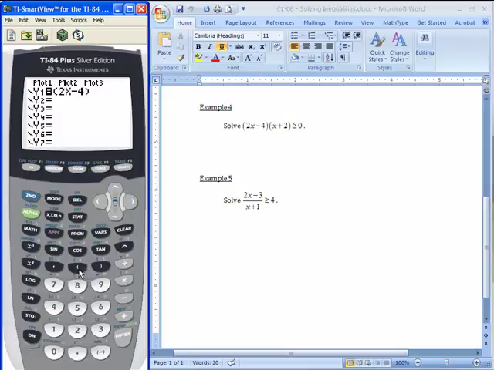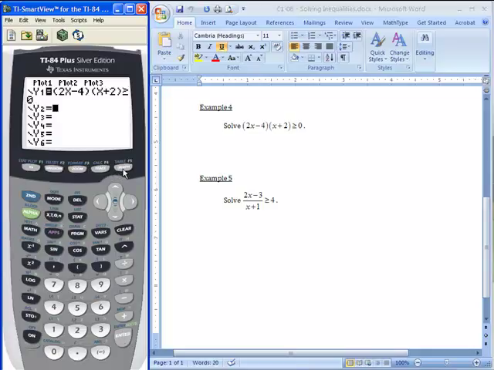Then we'll open up another left parenthesis, and we'll enter x plus 2, close that parenthesis, and then we're going to say greater than or equal to 0. So we're going to press second and math, and we're going to choose option 4, greater than or equal to, and type in 0. And I'm going to press enter, and I'm going to press graph.